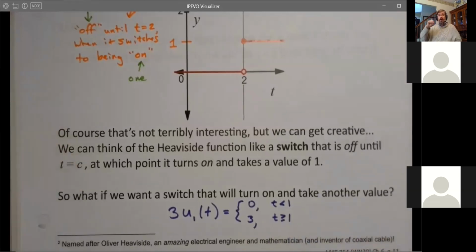So just by throwing a number in front of it, we could make it jump up. If we can throw a constant in front of it and make it jump up to a constant value, what else could we throw in front of it?